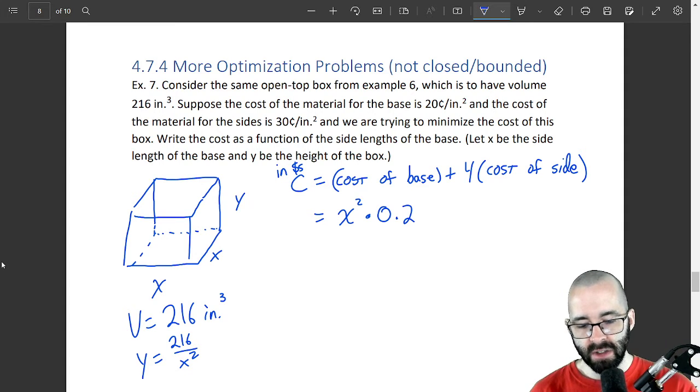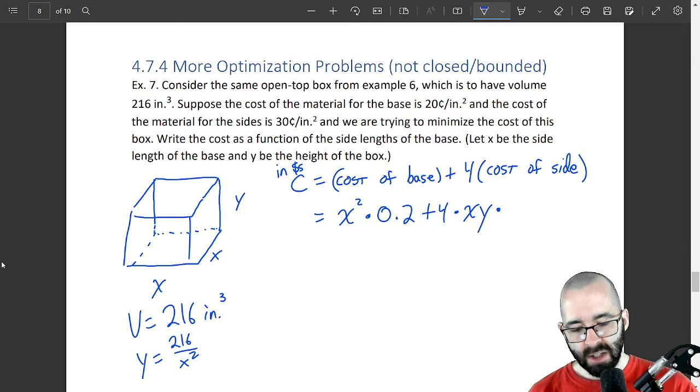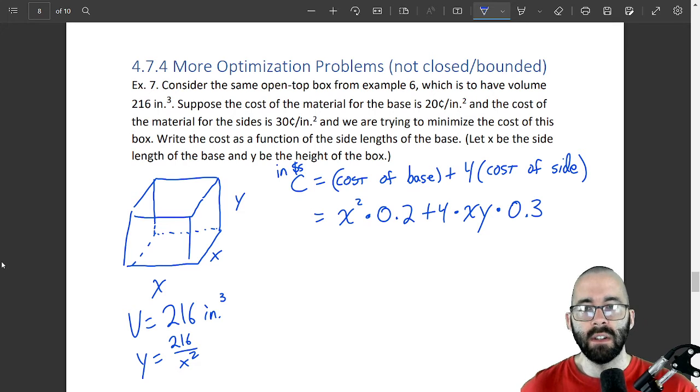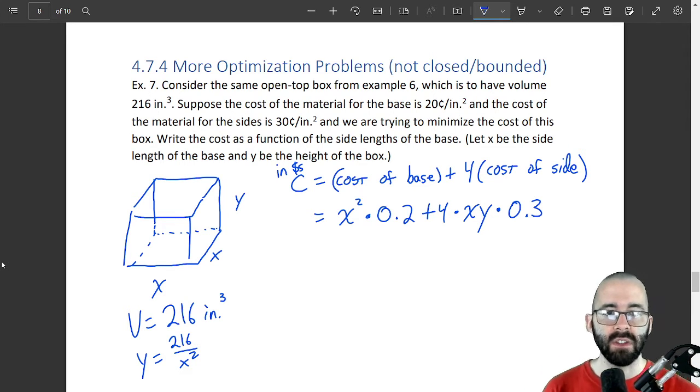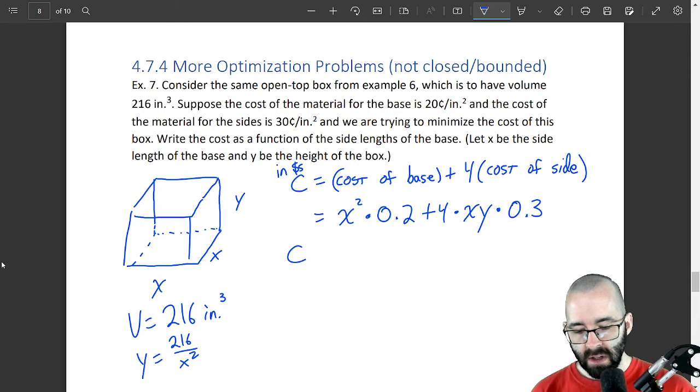The 20 cents is $0.2 plus 4 times the area of the side times the cost of the side, 30 cents. So it becomes almost the exact same problem, just with a slightly different objective function. So our cost is 0.2x squared plus 1.2xy.